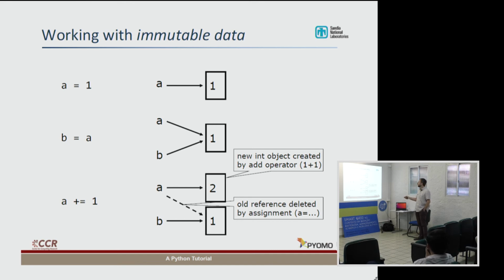It means that both a and b make a reference to the value 1, the integer 1. But let's say that now I want to add 1 to a, so a plus equal 1. It means that a makes a reference to 2. We changed the old reference to the new, but b is still equal to 1. It can be strange.